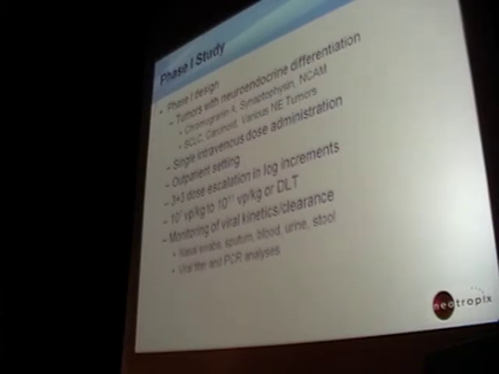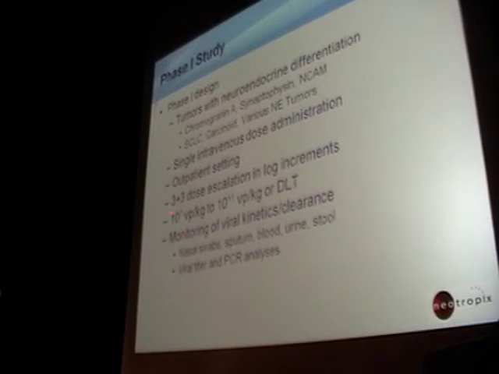It was all single intravenous dose administration. It was actually done in an outpatient setting, so the patient went in for a couple hours, got a 1-hour IV dose in 100 mL of saline, and then was monitored for another hour or 2, and then essentially went home. It was a 3+3 dose escalation in log increments, so you did 3 patients before you had to go to the next cohort, unless there was some safety issue, then you could do 3 more.